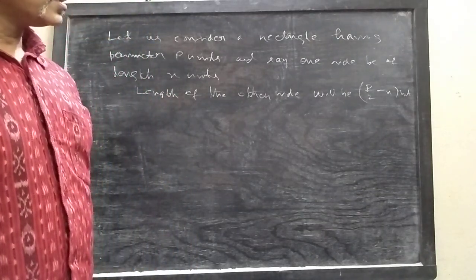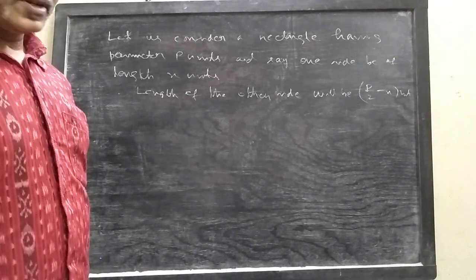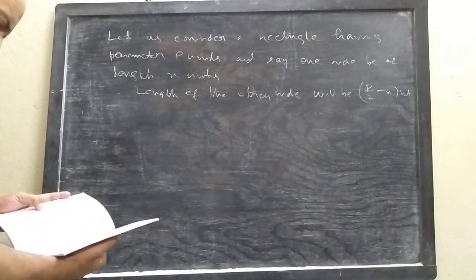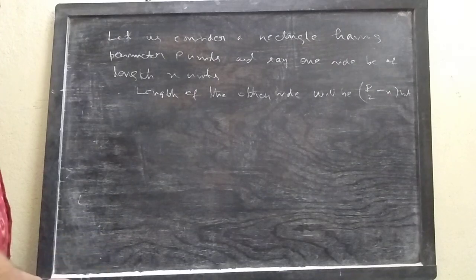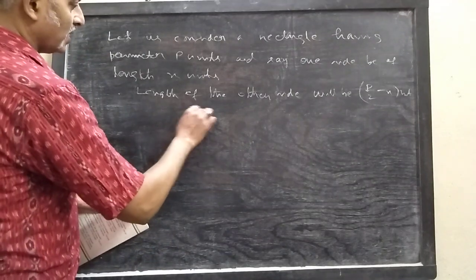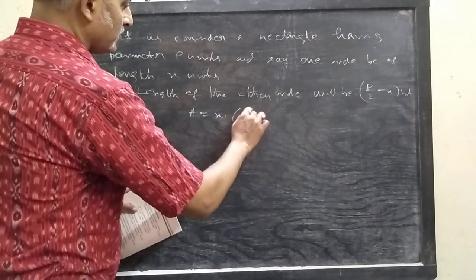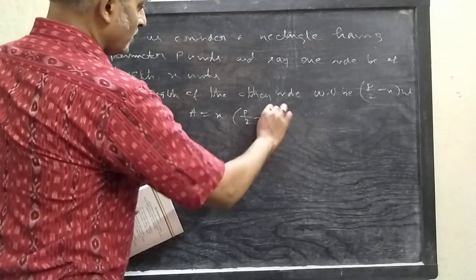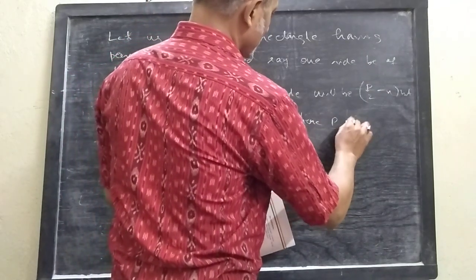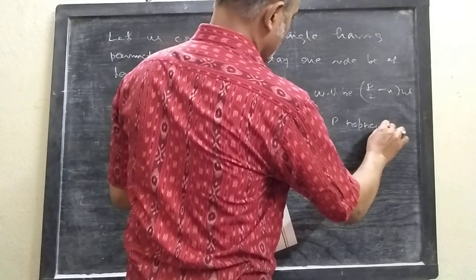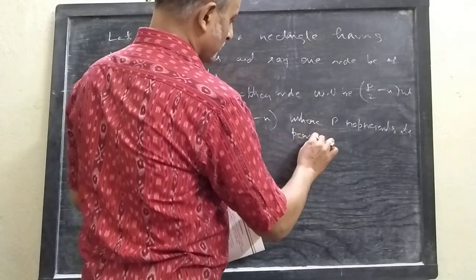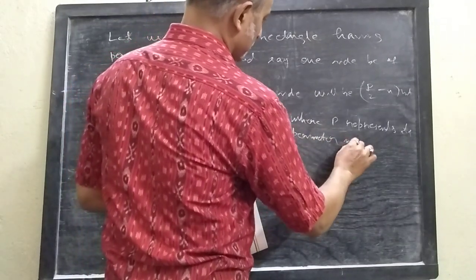So when we subtract one side from half of the perimeter, we get the length of the other side. Now you have to maximize its area. The area of the rectangle is given by A equals x into P by 2 minus x, where P represents its perimeter, which is a constant.